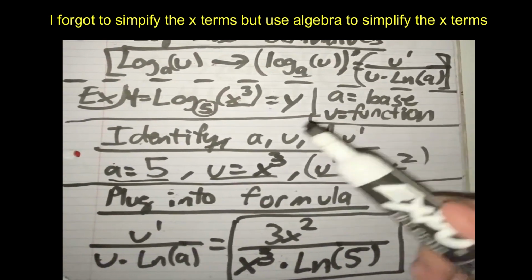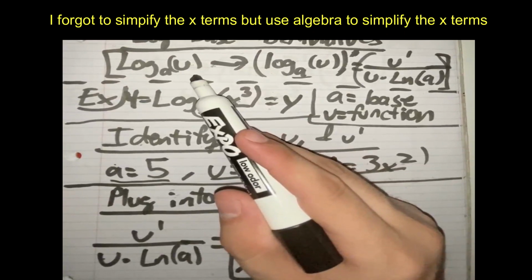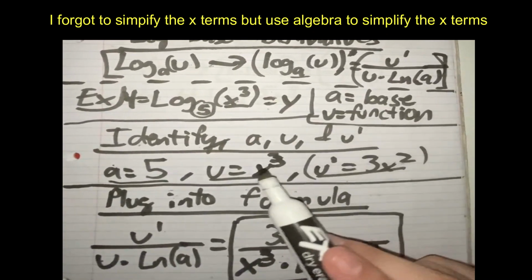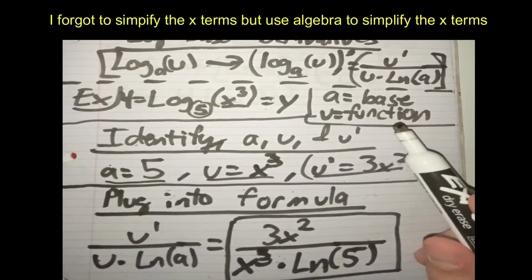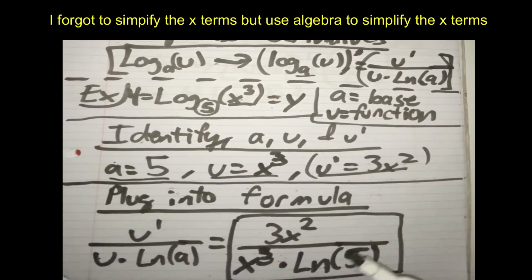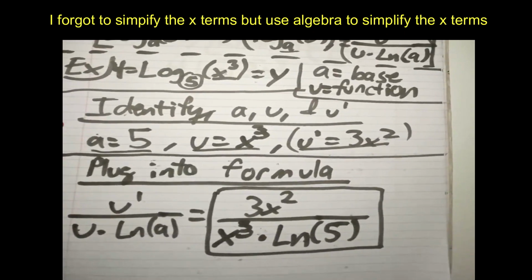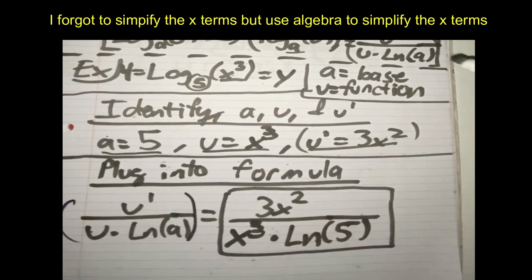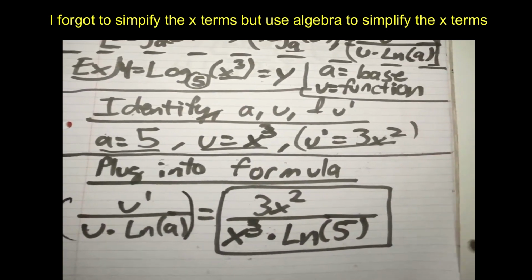Step 1 is recognize the form of the log. Step 2 is identify your variables a, u, and u prime. Know that a is your base, u is your function. And step 3, literally just plug and chug. Plug them into the formula. Knowing this formula is also very critical to solving this problem.